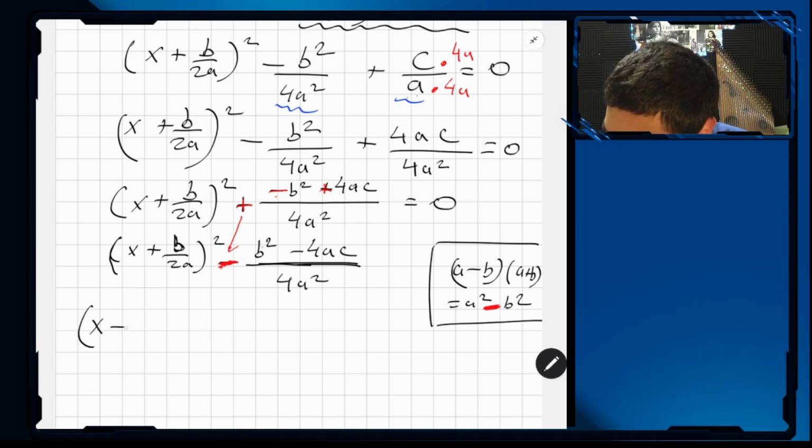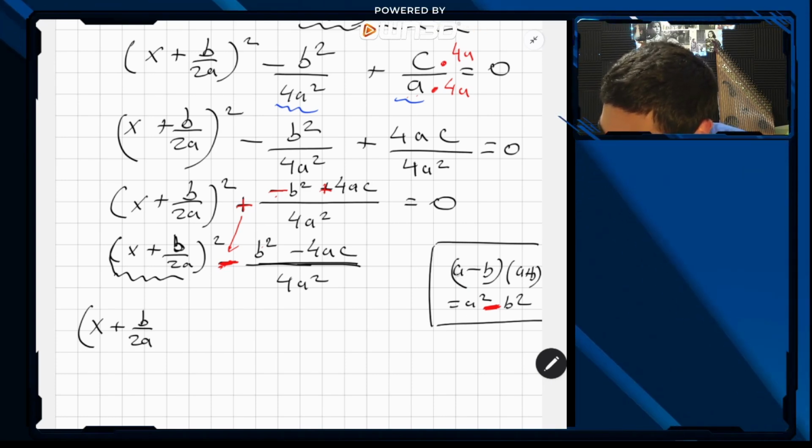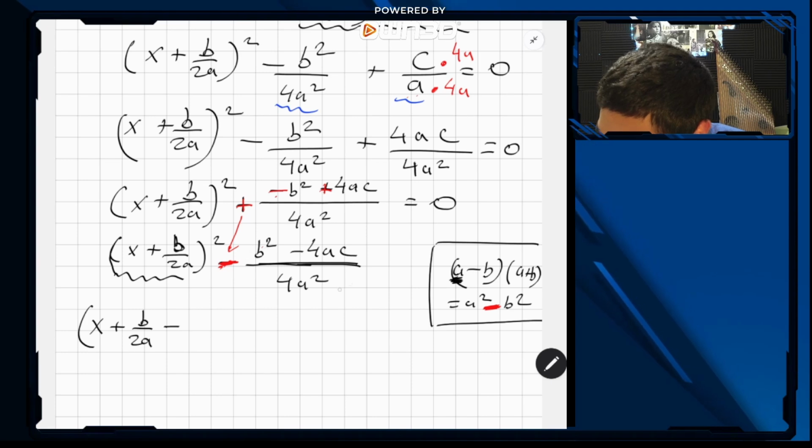So I have x plus b over 2a, that is my a here, or my first term here, minus the square root of this.